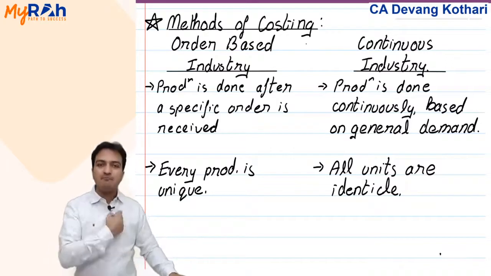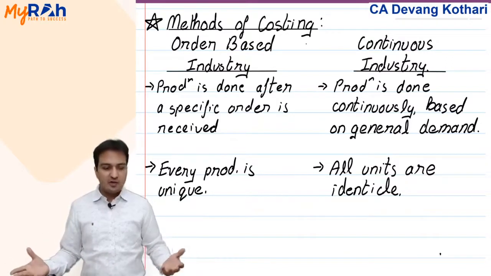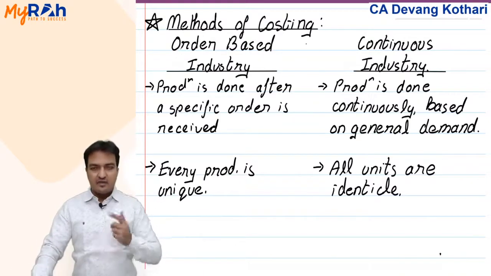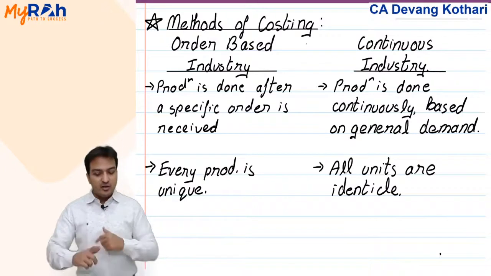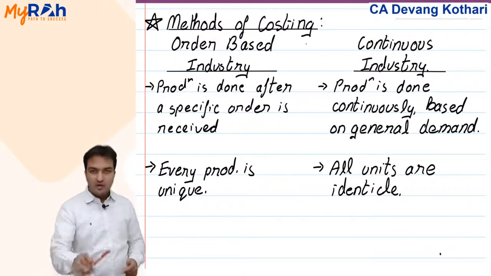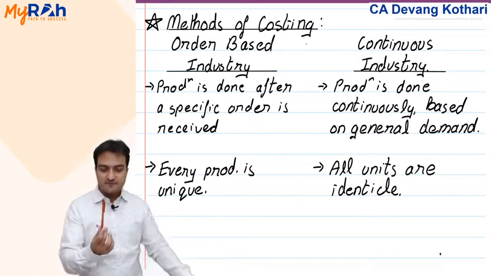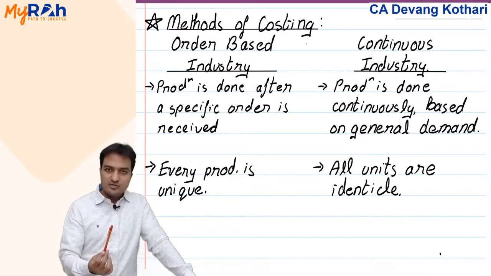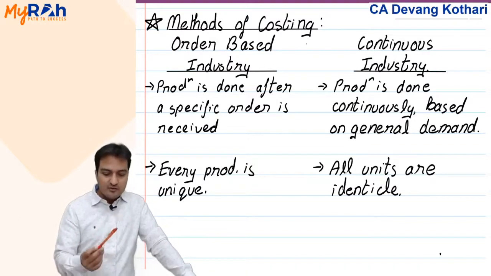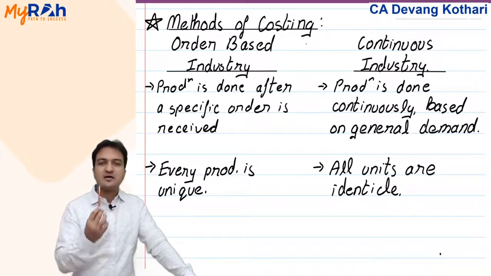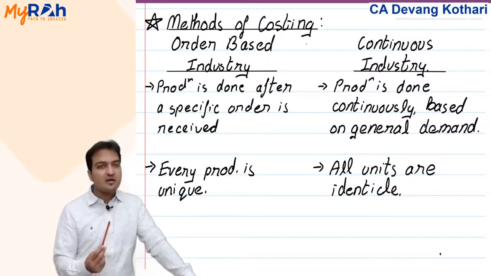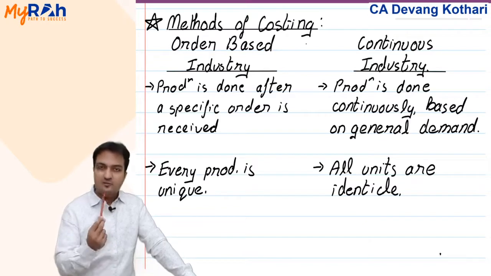No, they will make many sherwanis of the same design, of course different sizes. That is why I say that in continuous industry all units will be identical. If I'm manufacturing these pencils, and during the year I manufacture say 1000 pencils, then don't you think each of that 1000 pencils will be of the exact same design? Identical products, all units that you produce will be identical.